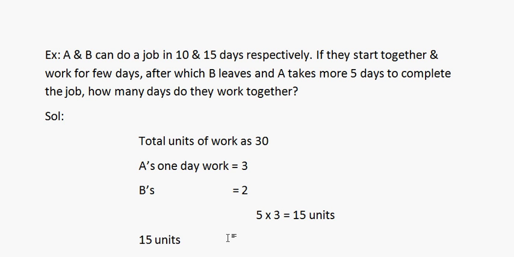They would complete these 15 units in how many days? 15 divided by 3 plus 2, which is 5. So 15 divided by 5 is equal to 3 days. So A and B worked for 3 days together, and then B left and A had to put in 5 days more to complete the work. So the answer would be 3 days.